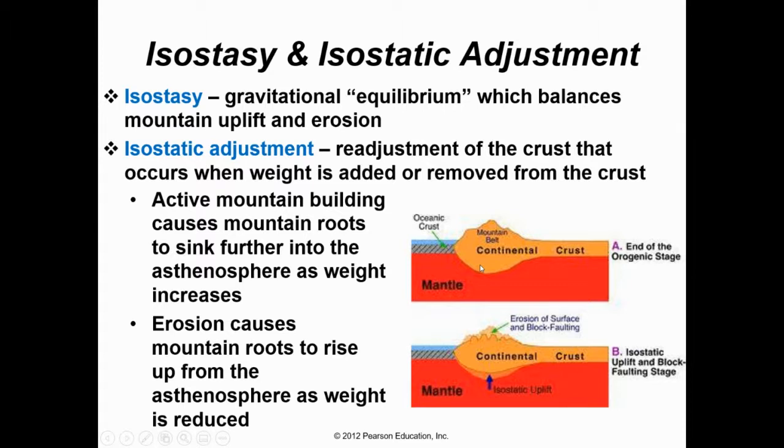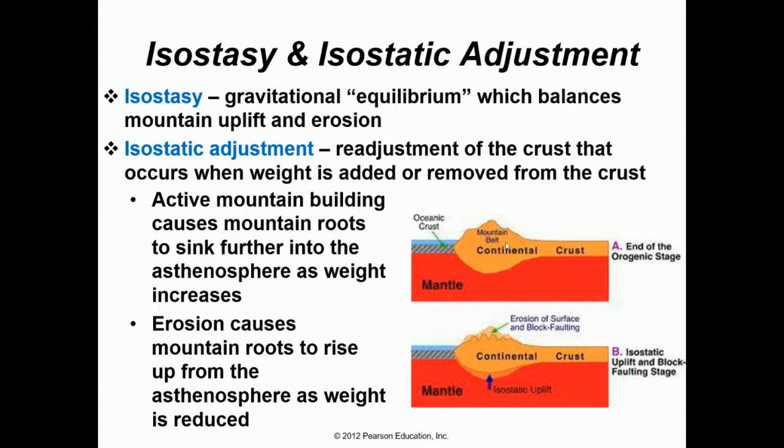So the higher the mountain belt gets, the deeper the root gets. Think of the root as the foundation of the mountain range. And so, like I said, even while the mountain is building, weathering and erosion already occur, and they're kind of offsetting that.